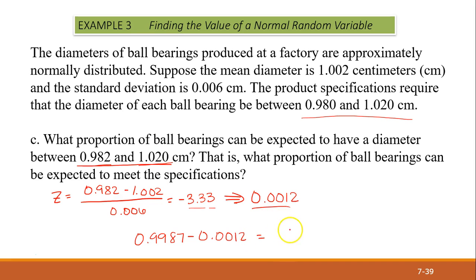And get this new area here. And that is what we are looking for for that portion.